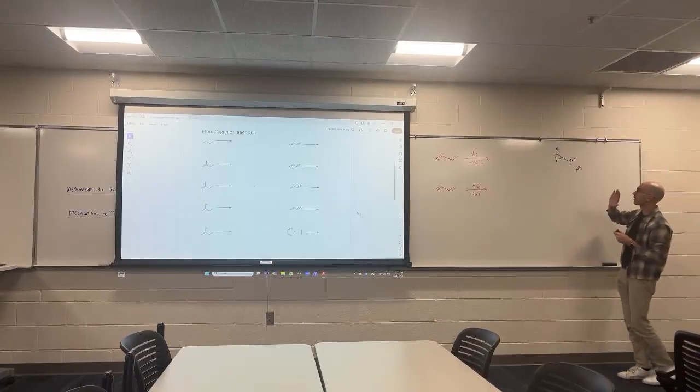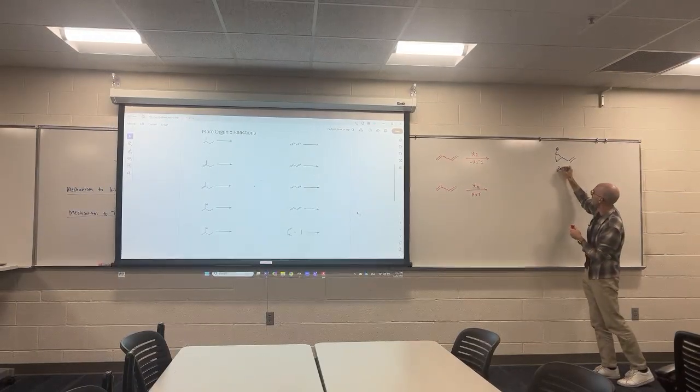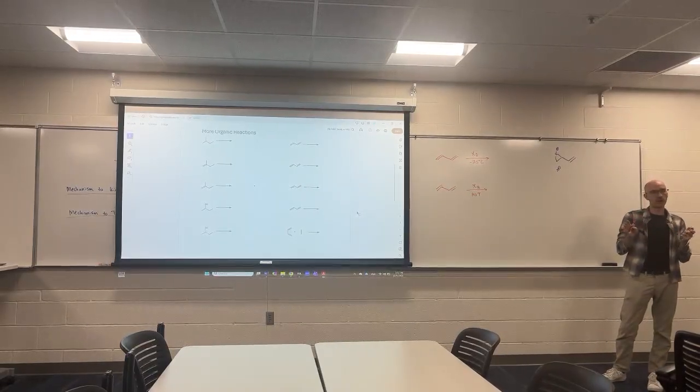Now, if there is very little energy in the system, then this halide that breaks off doesn't have a chance to move very far. That's generally how I like to make it make sense. That halide stays very close.